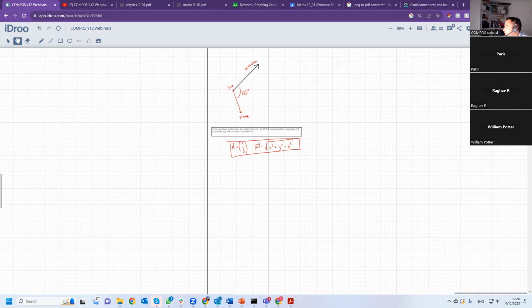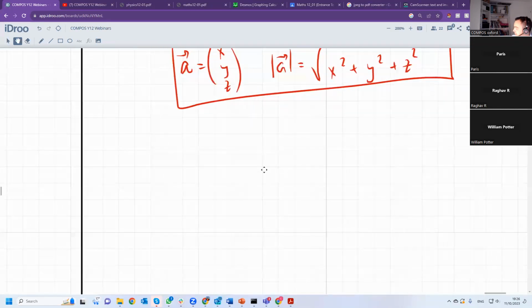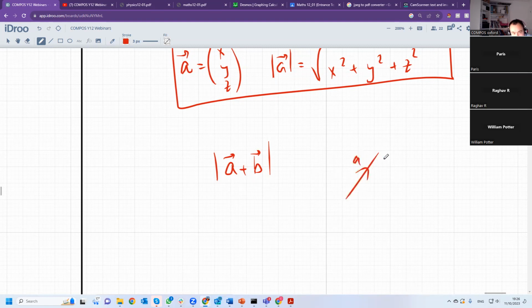Potentially, yes. I mean, it would be magnitudes. The magnitude of two vectors, well, just like this. Magnitude of A plus B. This is the magnitude of vector A plus B. So you have vector A, vector B, and this is vector A plus B. And the magnitude of that vector is that.